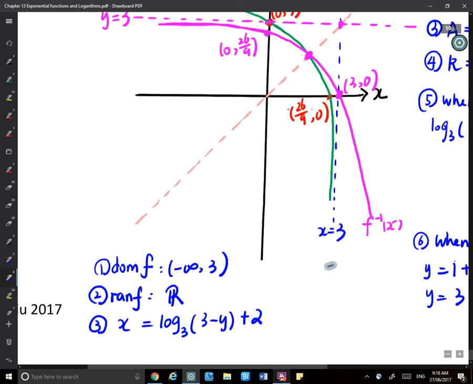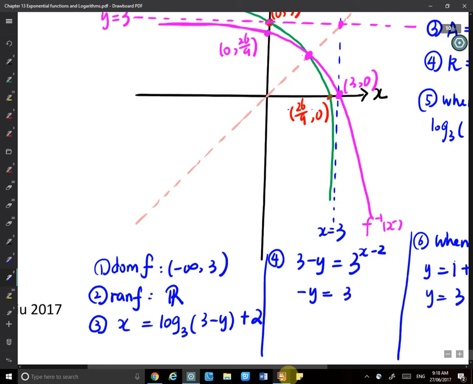Number 4 is rearrange. So 3 minus y equals 3 to the power of x minus 2. So minus y equals 3 to the power of x minus 2, minus 3.